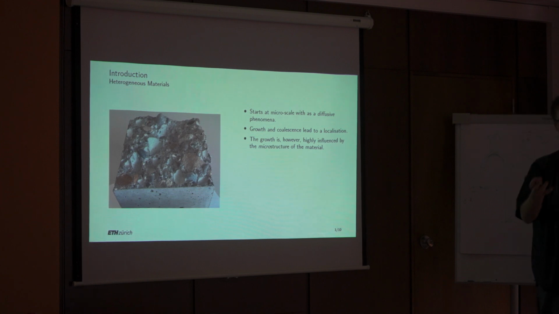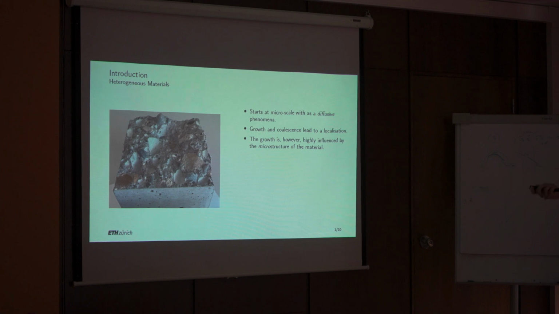However, the microstructure has a big influence in this whole process, because as the crack grows, the aggregates in concrete act as obstacles, which can deflect the crack or even halt it. But sometimes the crack is able to go through an aggregate.